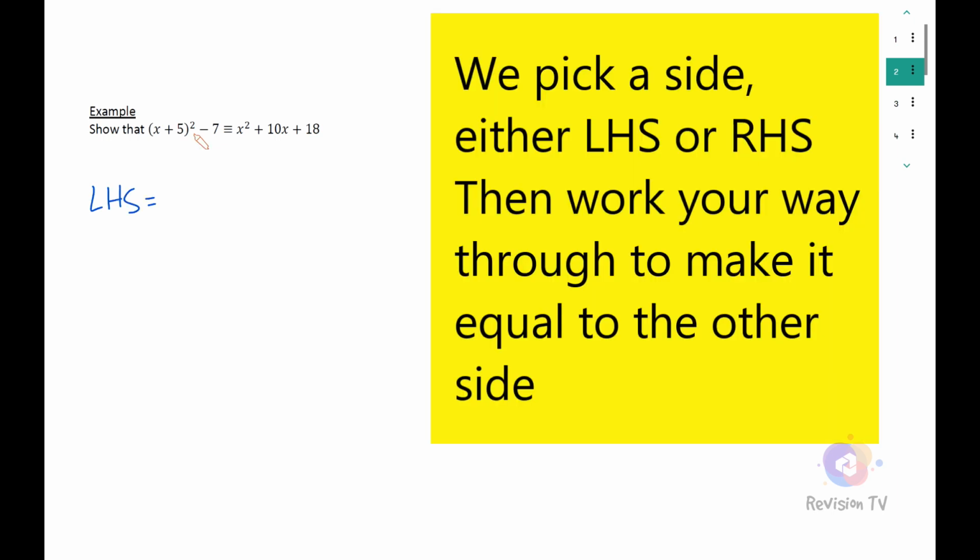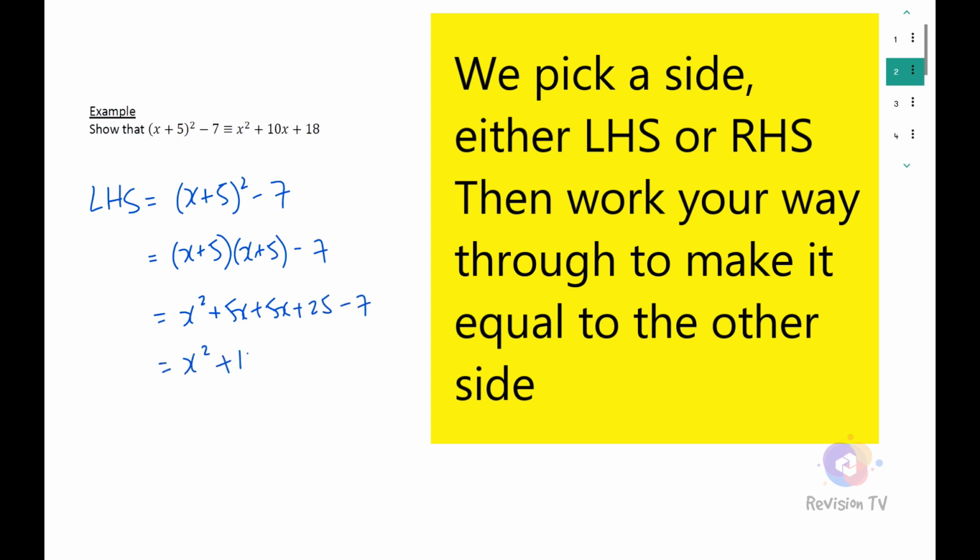So the structure is we start from the left hand side. I'm going to rewrite the left hand side once. It means this is the only thing I can work with, and I'm working towards the right hand side. What I can do is expand the bracket: x squared plus 5x plus 5x plus 25 minus 7.